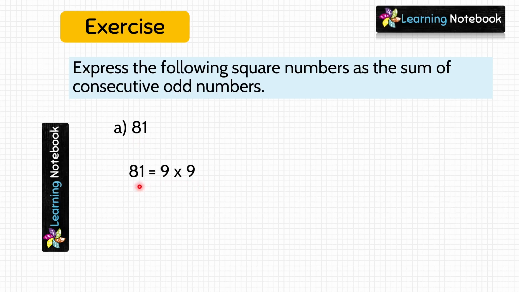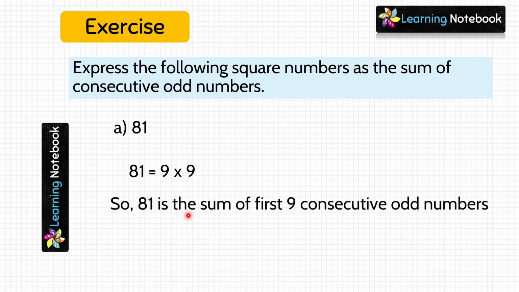So 81 is the sum of first 9 consecutive odd numbers. So let's write. So this is our answer. We have expressed 81 as the sum of consecutive odd numbers, where in this case it is the first 9 consecutive odd numbers.